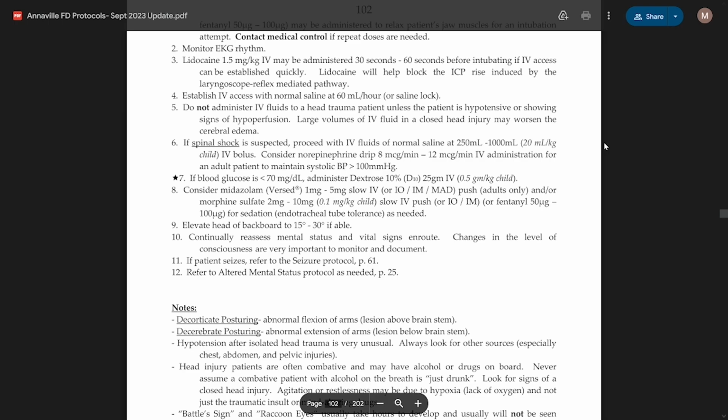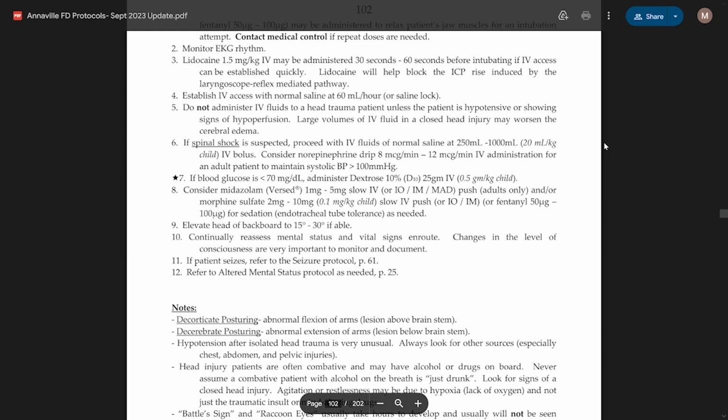Do not administer IV fluids to a head trauma patient unless the patient is hypotensive or showing signs of hypoperfusion. Large volumes of IV fluid in a closed head injury may worsen the cerebral edema. If spinal shock is suspected, proceed with IV fluids of normal saline at 250 to 1000 mL or 20 milliliters per kilogram for an IV bolus.